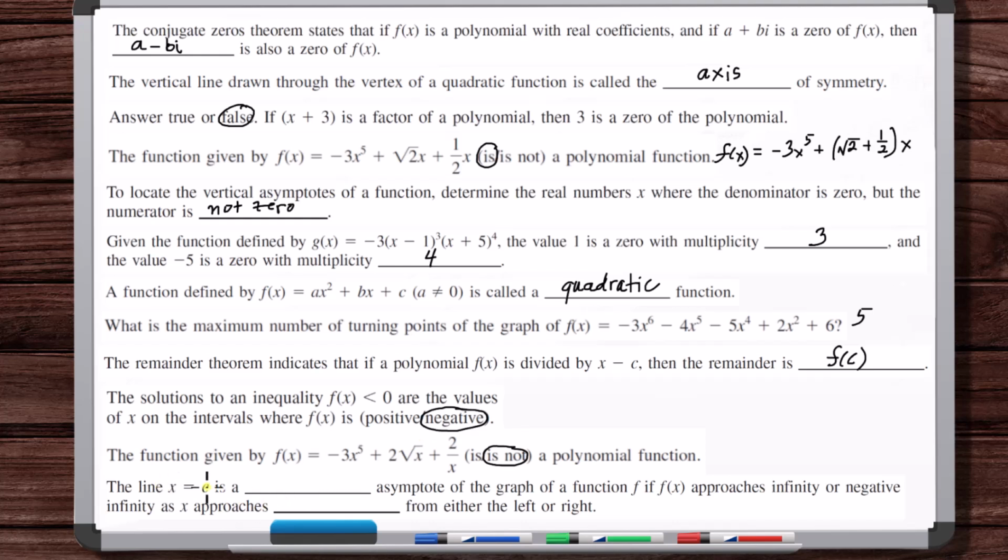The line x is equal to c is a what asymptote of the graph of the function f if f of x approaches infinity or negative infinity as x approaches what from either the left or the right? Okay, if you're approaching a vertical line going to infinity or negative infinity, that means you're approaching a constant x value. X is equal to c is a vertical line.